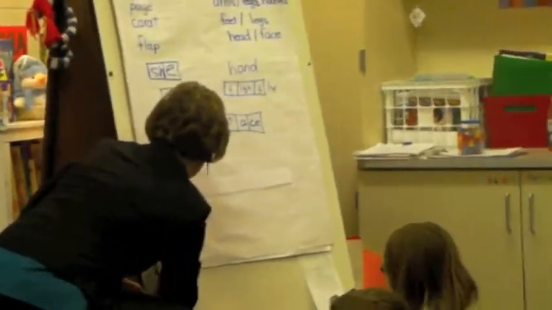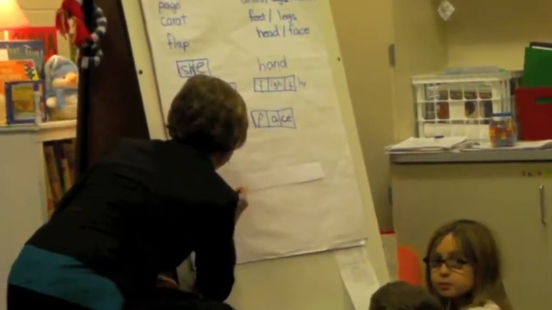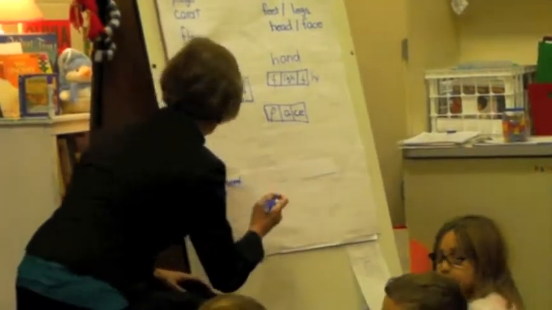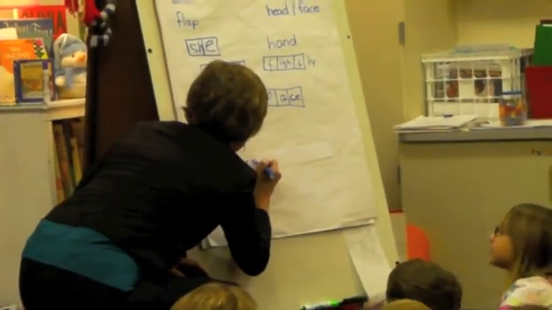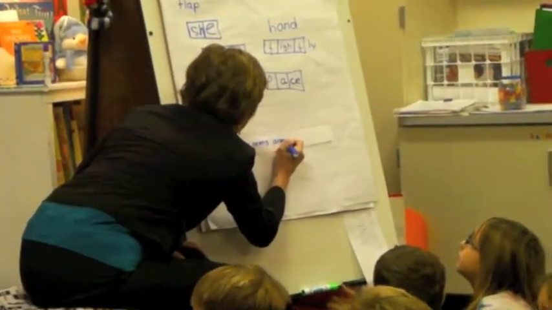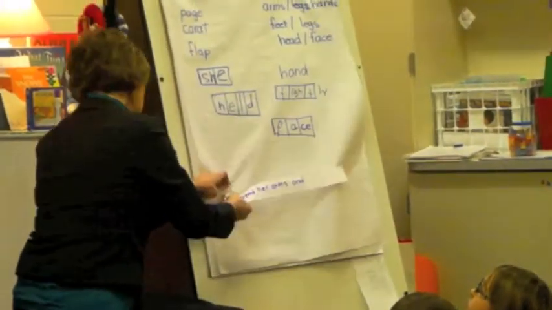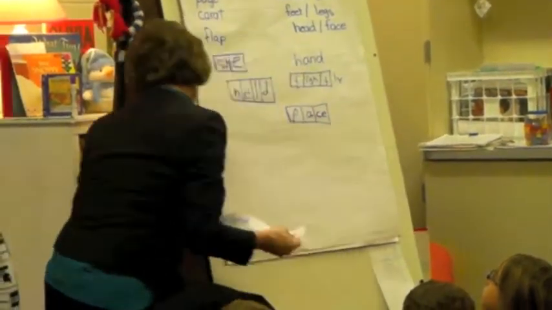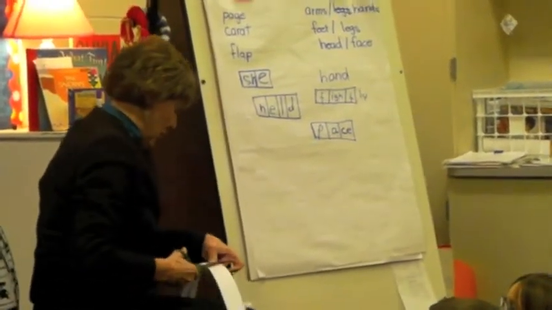She flapped. Show me flapped so I know what it looks like. Her arms, and that's what we need to add. And I don't need all this flap because it is too long.